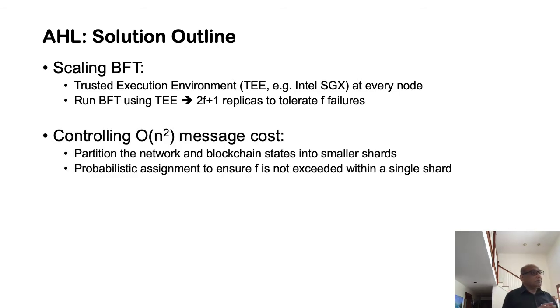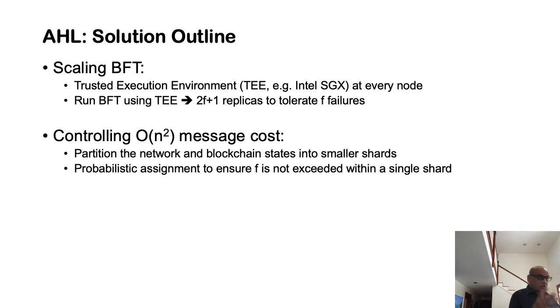Well, just by allowing a smaller number of failures, or making the network size smaller with respect to the number of failures, does not solve the problem of the n-squared message cost that is associated with BFT.